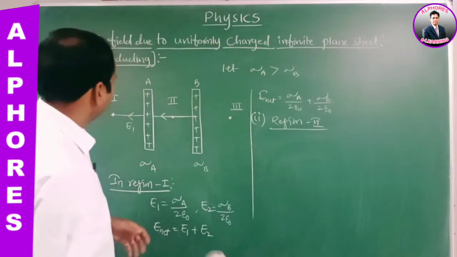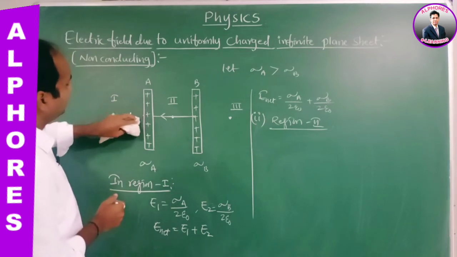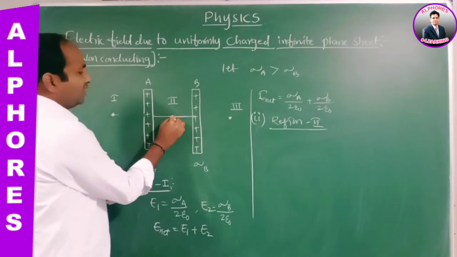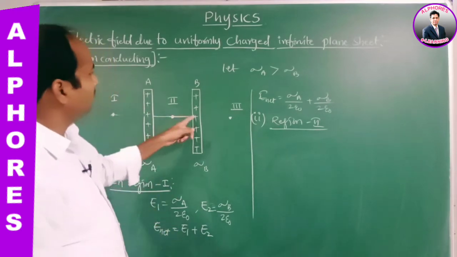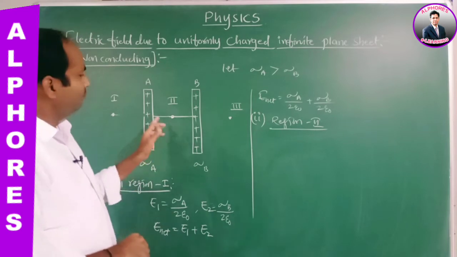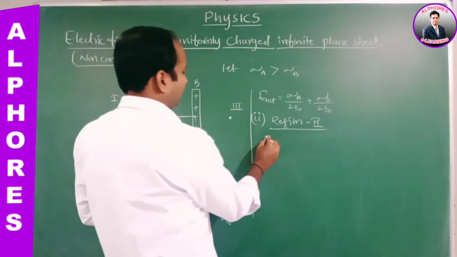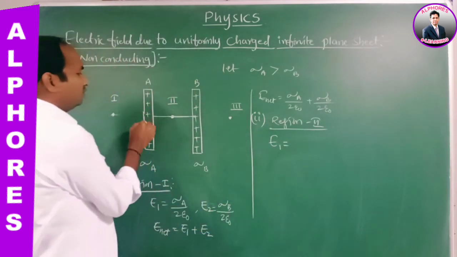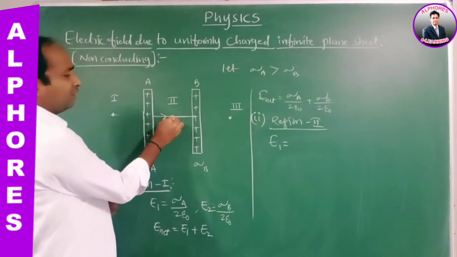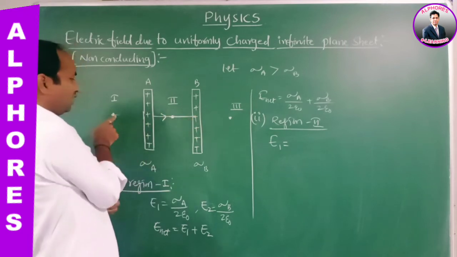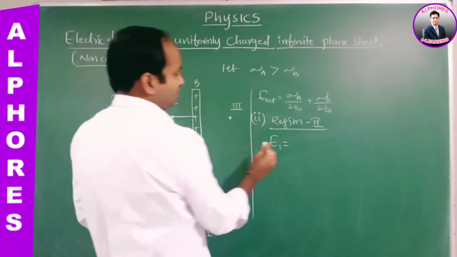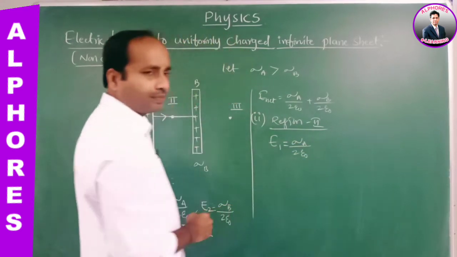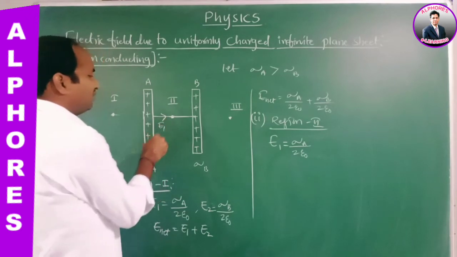Whenever we are calculating the electric field intensity at any point in between these two plates, the electric field intensity due to the first plate, E1, is radially outwards. Outwards means on this side, the direction is towards the left. What is E1? Sigma A by 2 epsilon naught. This is the direction of E1.